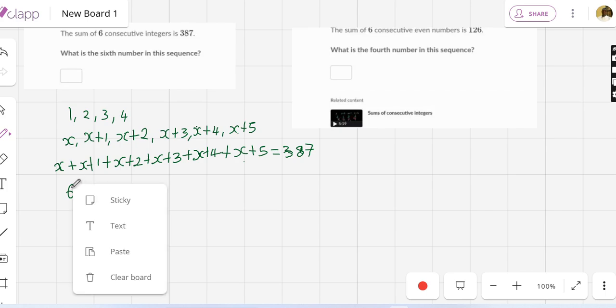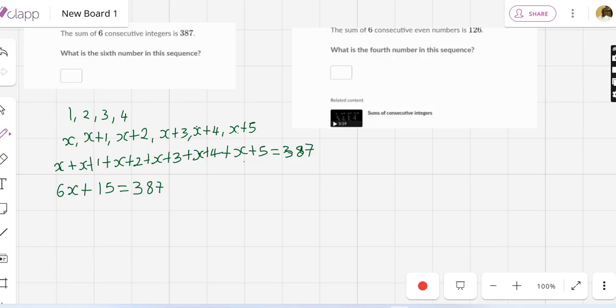Plus, let's add the numbers now. 1 plus 2, that's 3. Plus 3, that's 6. Plus 4, that's 10. Plus 5, that's 15. So 6x plus 15 is equal to 387.